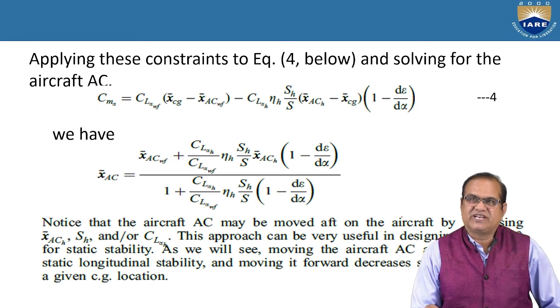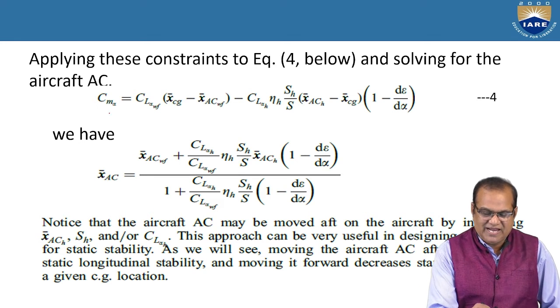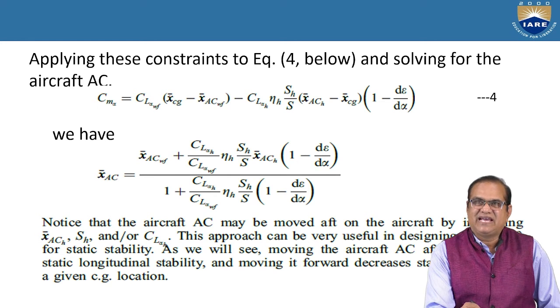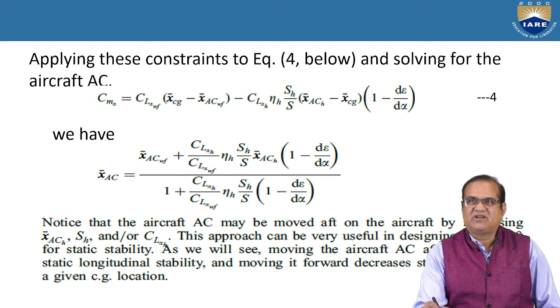Applying these conditions to equation 4 below, and solving for the aircraft aerodynamic center, we get Cm alpha is equal to CL alpha wing fuselage into x bar CG minus x bar AC, minus CL alpha H eta H SH by S into x bar ACH minus x bar CG, into 1 minus d epsilon by d alpha.